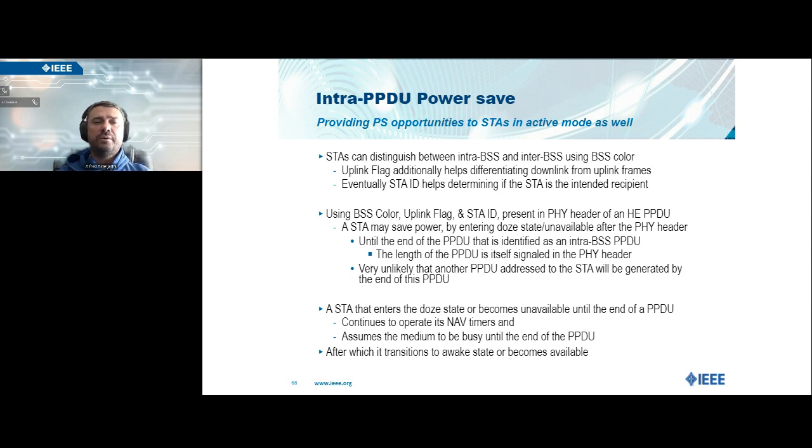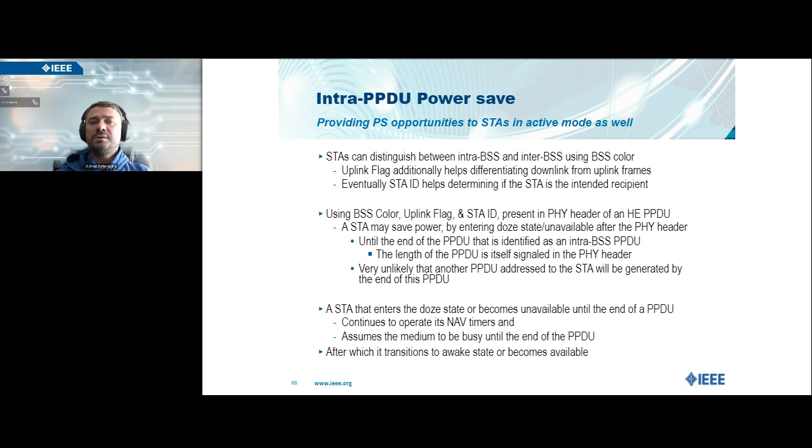And we do have also the STA ID in the SIG-B that can help determining if the STA is the intended recipient. So with this set of fields in the PHY header, the station can essentially decide to save power by entering those states or being unavailable after the PHY header until the end of the PPDU if the PPDU is identified as an intra-BSS PPDU.